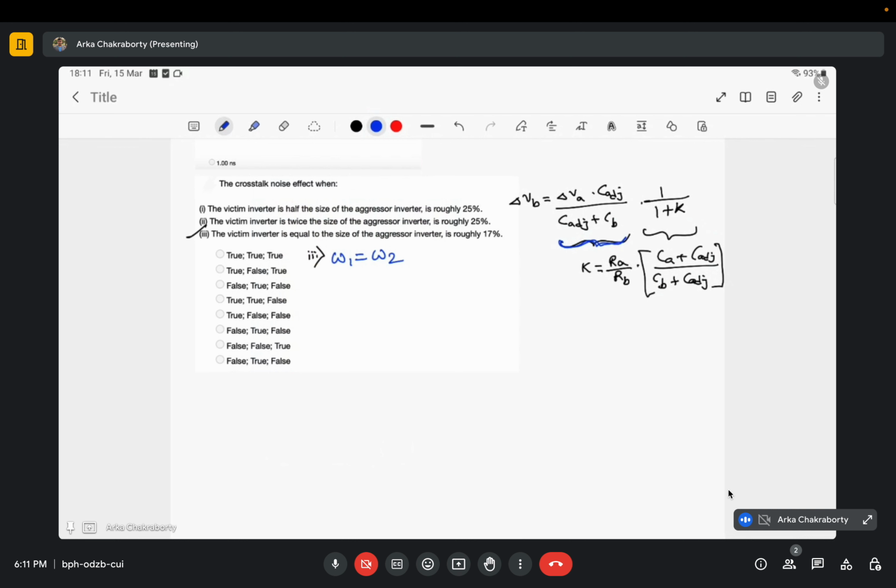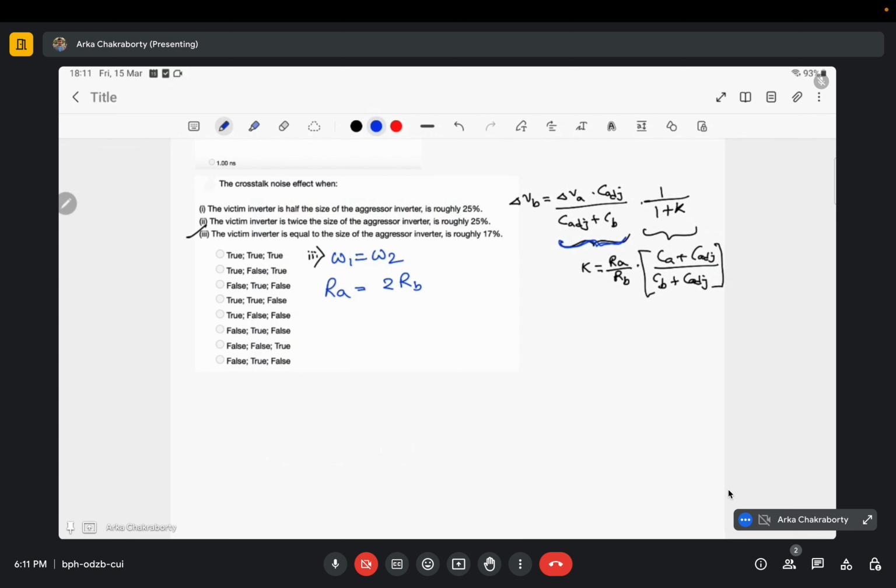That's why under that condition RA would be twice of RB.